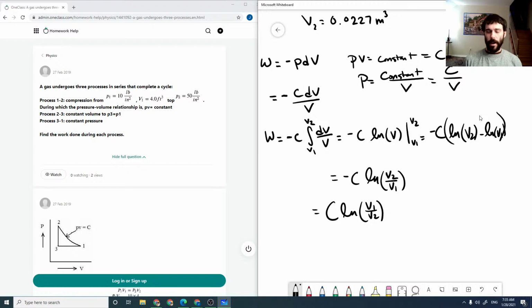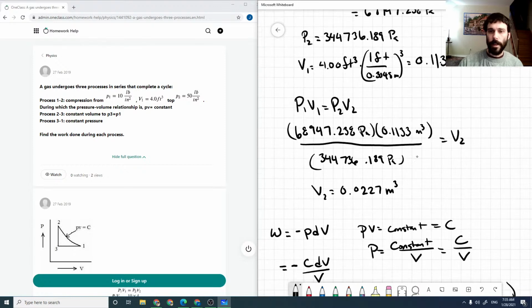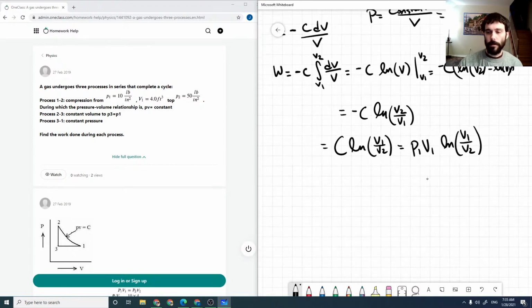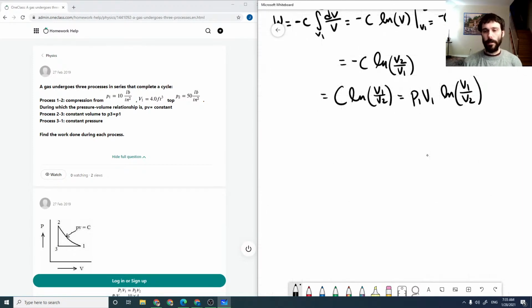Now for the value of C we can just use our P1, V1, and write it like that. As our C, we could use really any pressure and volume. We could have used P2, V2, but might as well just use those.